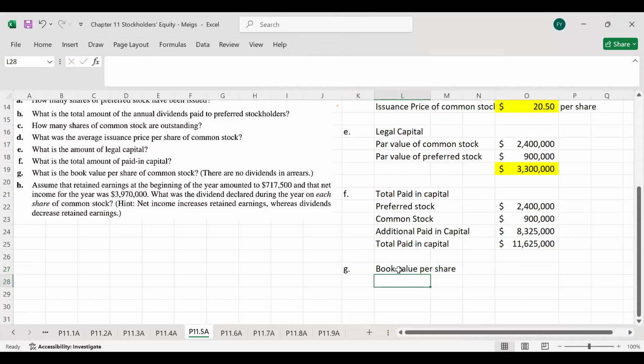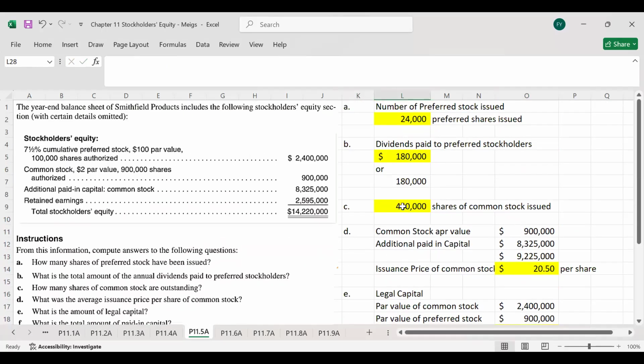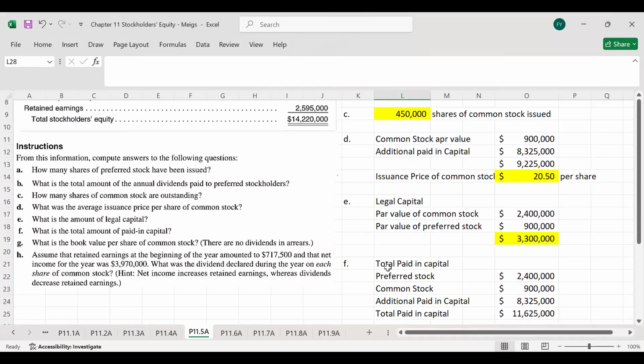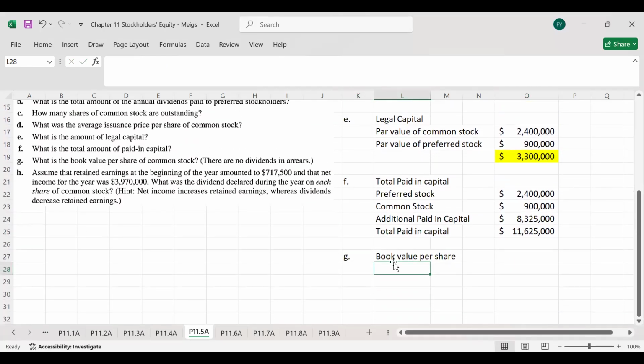This is the amount of equity that is exclusively available for the common stockholder. The total equity you can see is 14.220 million. So we can start from this.